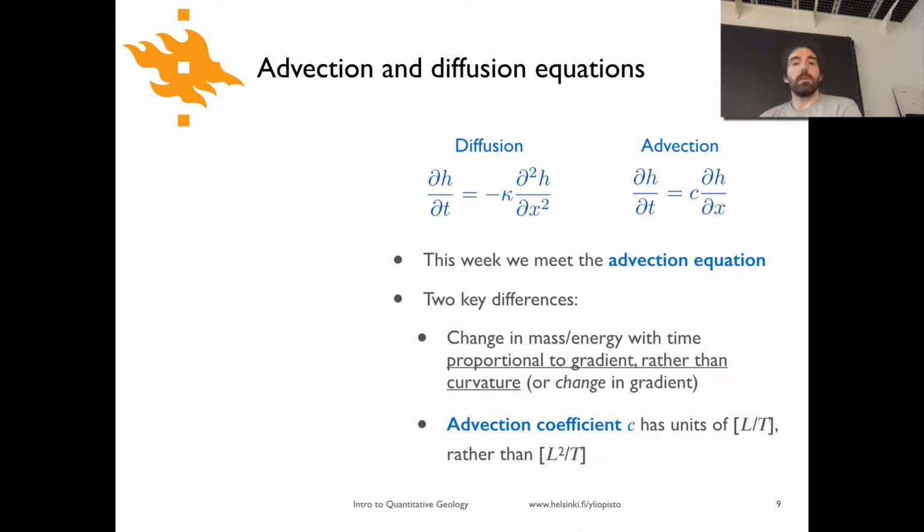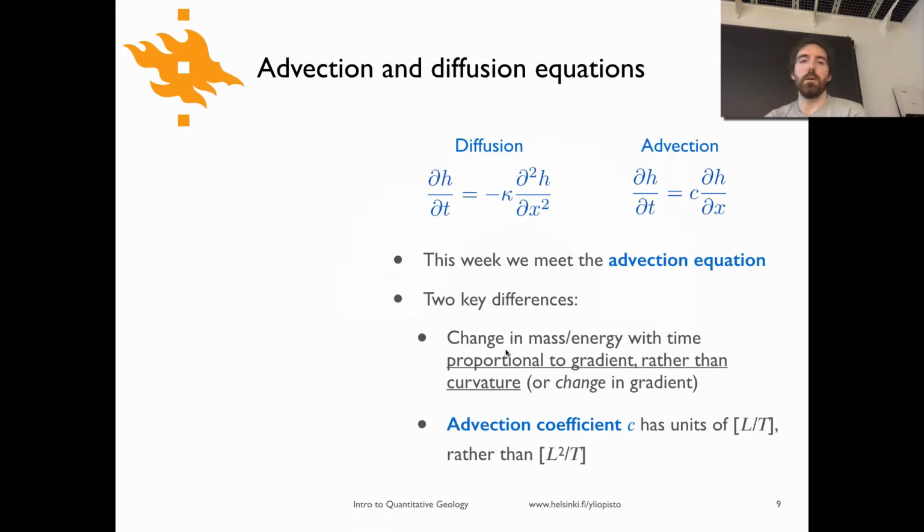So the big difference to highlight here is that the change in mass with time is now proportional to the gradient. So first derivative of h instead of the second derivative, like it was for the diffusion equation. And in this case, we have some constant here that has units of length over time rather than length squared over time.